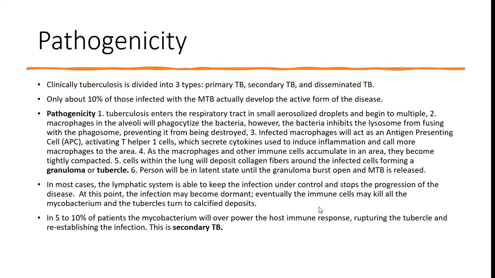Now, why is this all important? Because as you're calling in the macrophages and the other immune cells, these are what are going to start surrounding that bacteria as it's replicating and dividing. And this is what's going to end up forming what we call that granuloma, or, because it's in the lungs and it's being formed because of tuberculosis, we call it a tubercle.